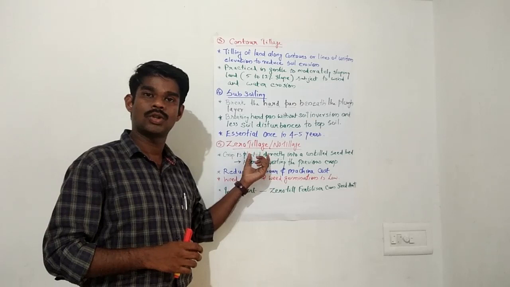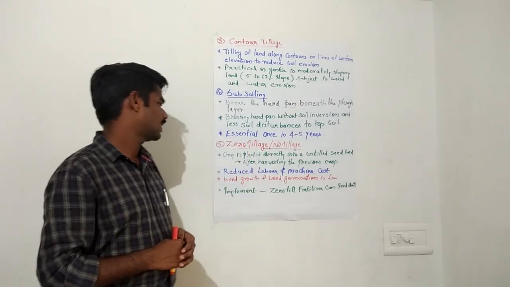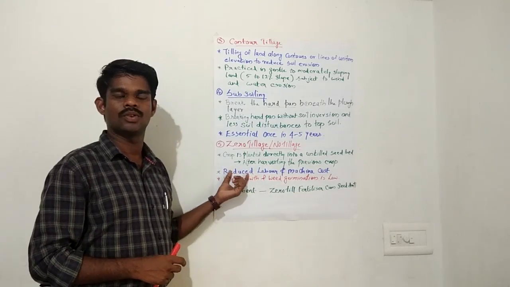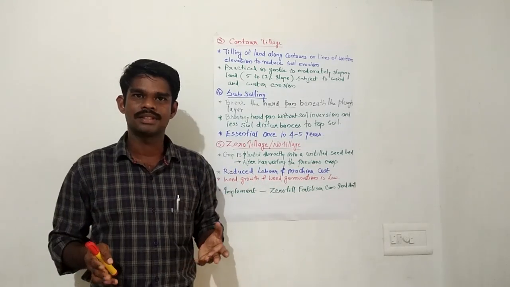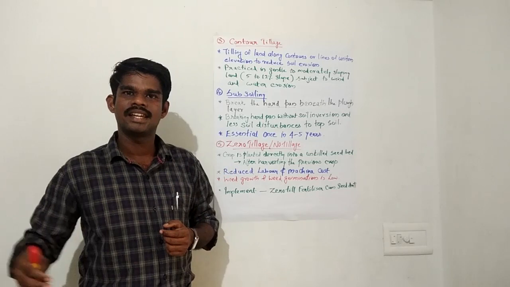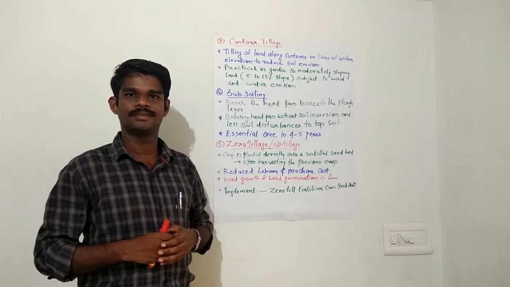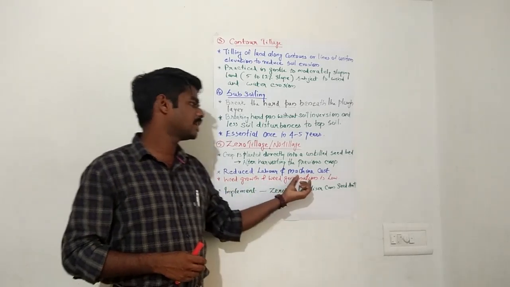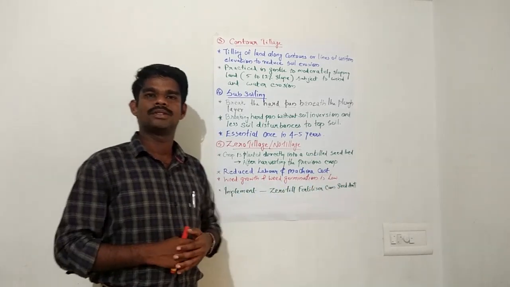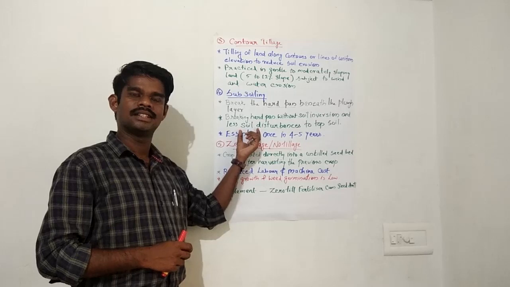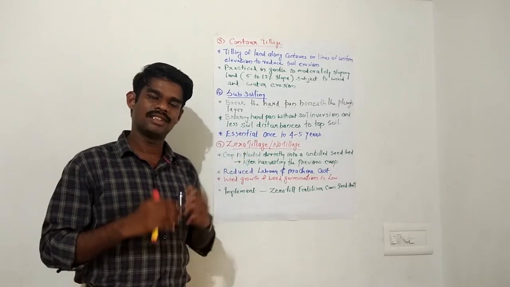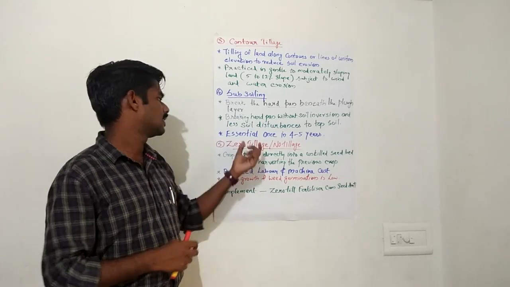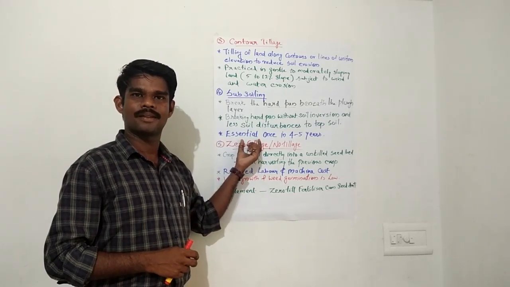Here the labor and machine cost is reduced because there is no tillage process, just putting the seeds in an untilled seedbed. And weed growth and germination is low. In zero tillage, the weed growth and germination is very little because there is no tillage operation.